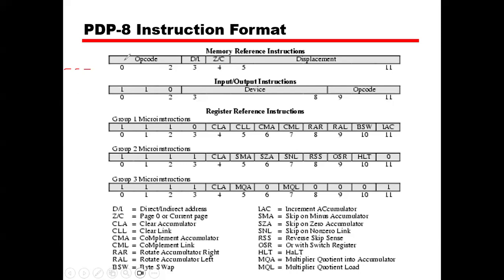How many instructions can we have if 3 bits are reserved for opcode? 2 to the power 3, meaning 8, right? Like with von Neumann, 2 to the power 5 gave us 32, and we used 21 of them. Same thing for opcode. And if I want to name them, they would be 000, 001, 010, and so on and so forth.